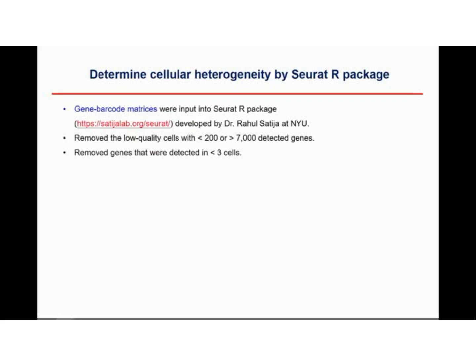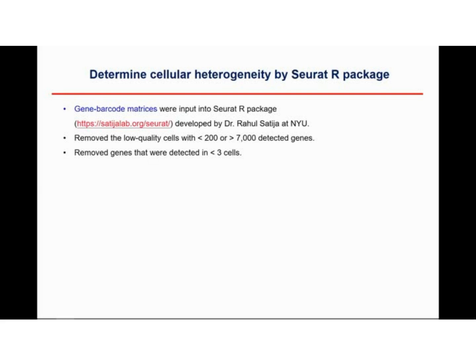Then we removed low quality cells that have less than 200 or more than 7,000 detected genes. And this number may change, depending on the cells you study. We also remove genes that are detected in fewer than 3 cells. These steps we call quality control. And on their website, the instructions are very, very clear. You can just follow the instructions.